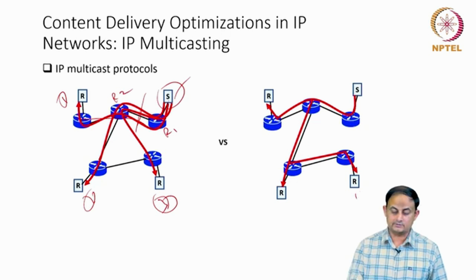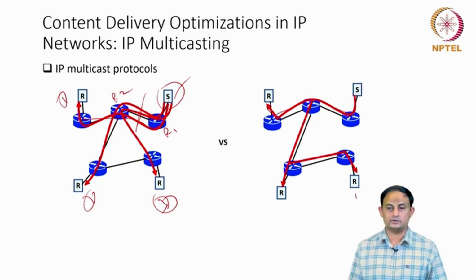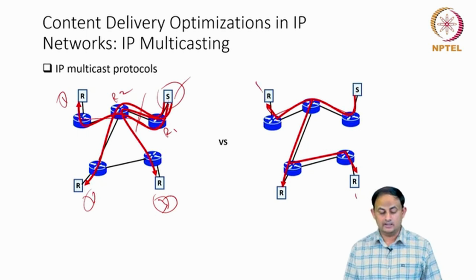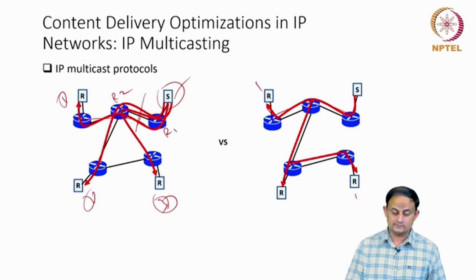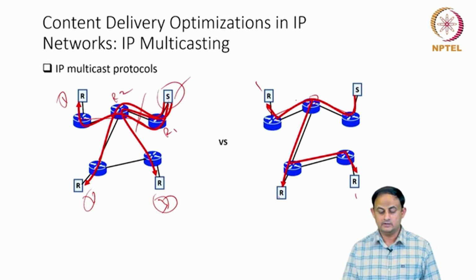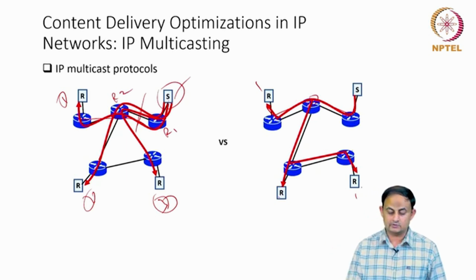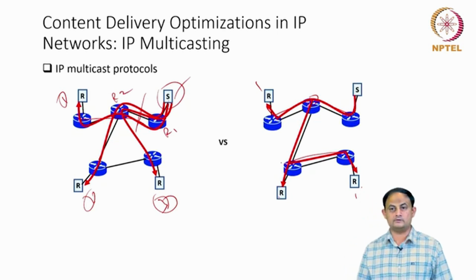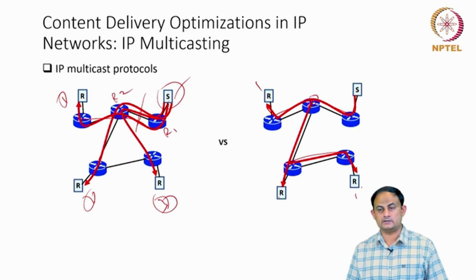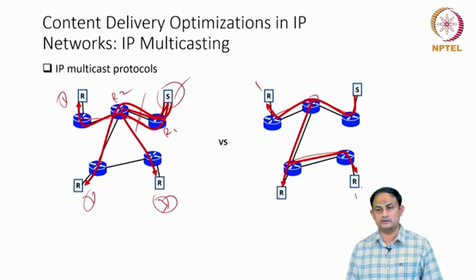There is one transmission already going on from S to R1, and now this guy comes, you go up to the nearest point and join the same transmission. When this guy asks, I also want to join, you find out who is the nearest guy who can give you that content. So, this router turns out to be the nearest point where you can get that content, and you join that group.